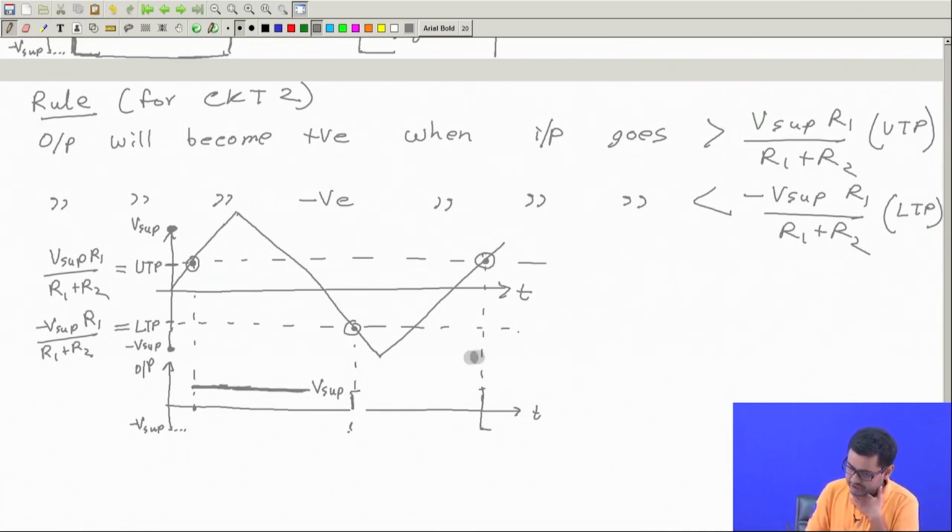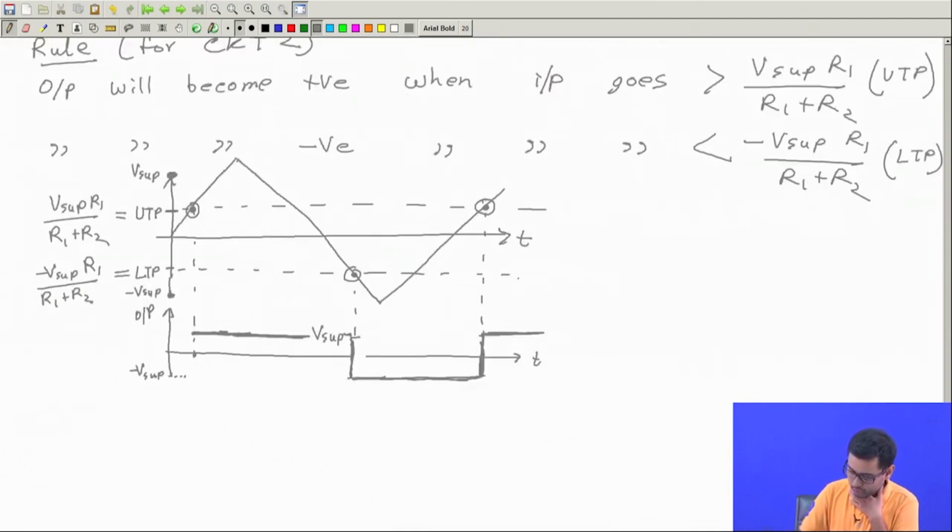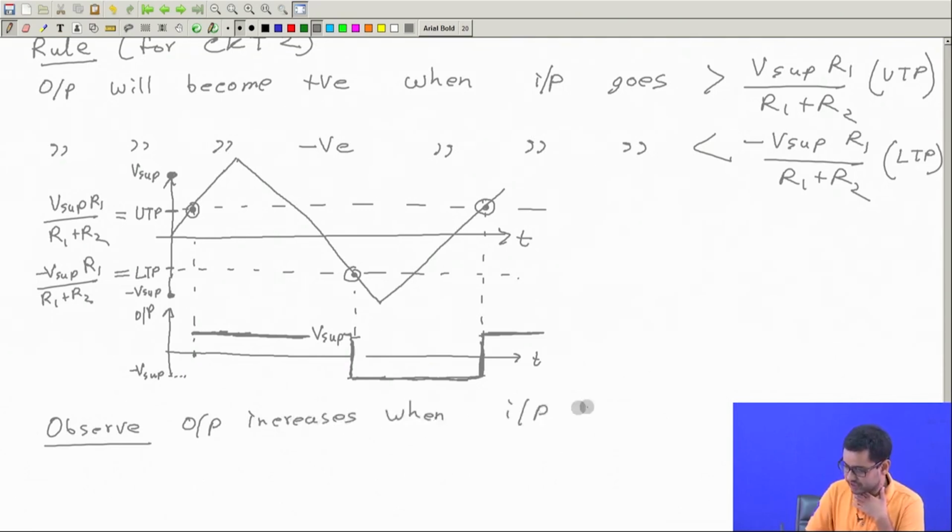And it will remain positive until and unless input goes below this value, which is here. So, here it will go negative like this, and here it will become positive again like this. Okay. So, you observe output increases when input increases.